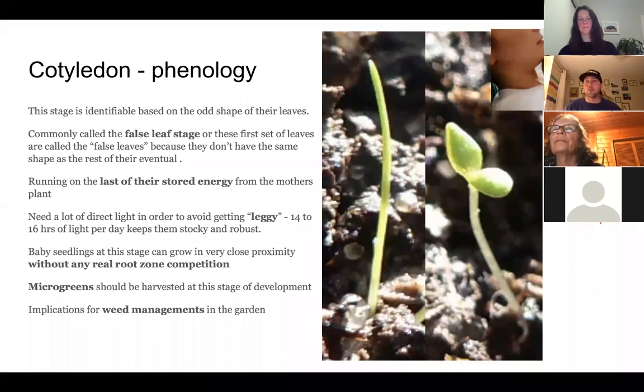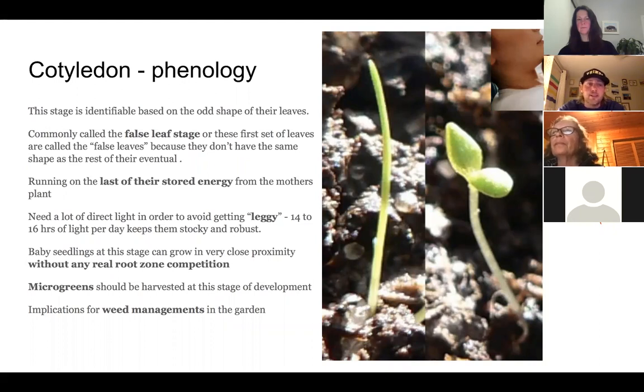They're trying to find their real estate. But as a gardener, if your context is to plant these seeds outdoors, then you want to make sure you're getting them a lot of light to keep them short and stout and get them to focus their energy on having a nice thick stem and a nice robust root system.